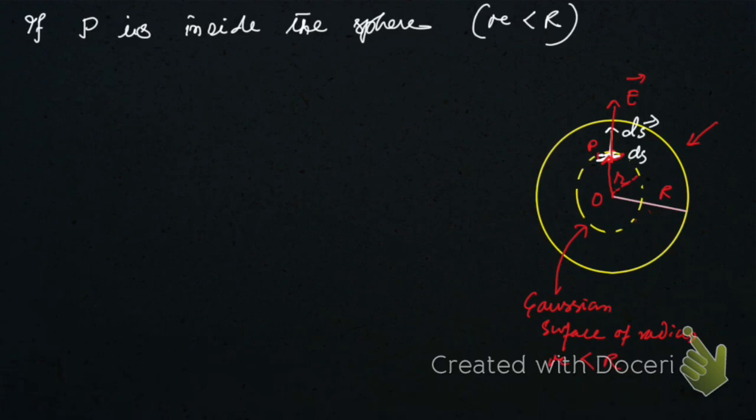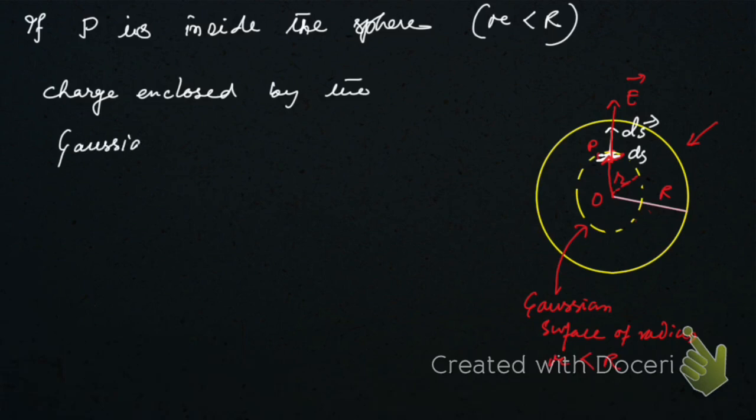Now you see, in this case the charge enclosed by the Gaussian surface is Q, equal to the volume charge density rho into the volume of the Gaussian surface.